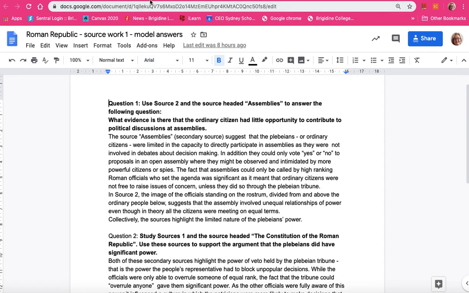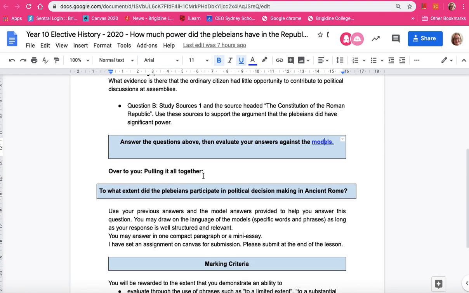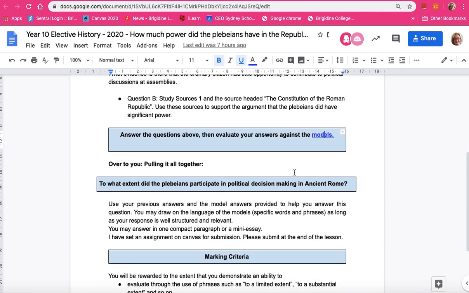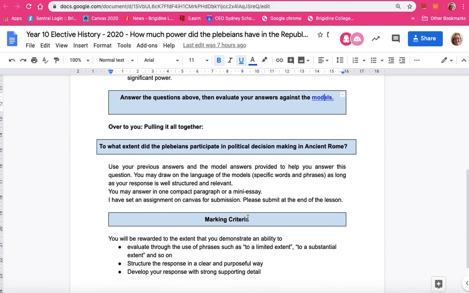So your task today was: to what extent did the plebeians participate in political decision-making in ancient Rome? Use your previous answers and the model answers provided up here so you can actually use the words and phrases to help you answer this question. You can use some of the language.